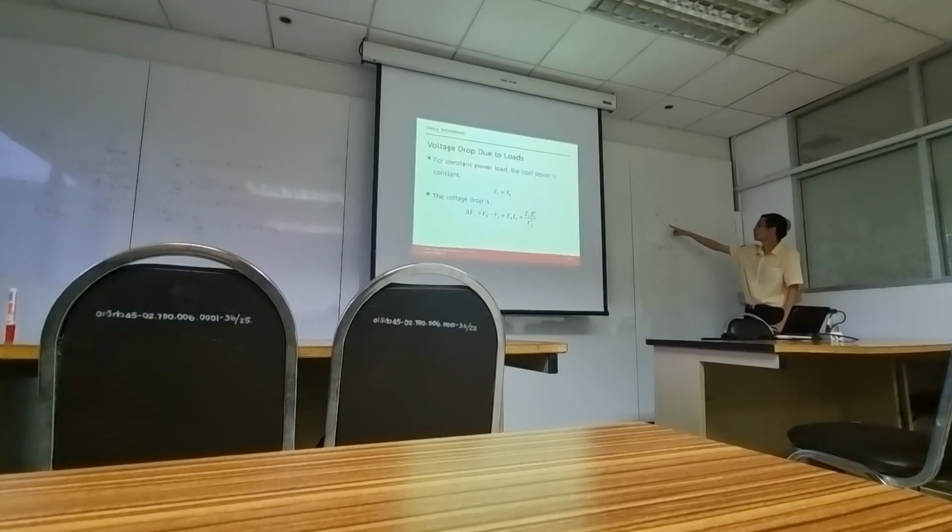You may have a question that, okay, if P and Q are constant, the impedance is not constant at all. This load impedance can be changed according to the voltage. If the voltage changes, this impedance also changes.